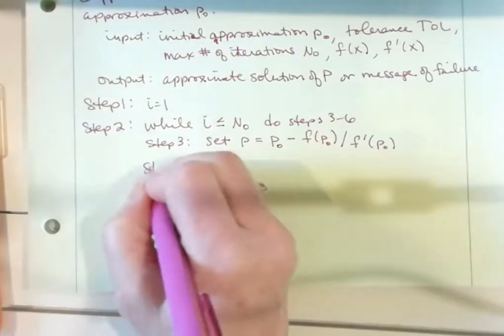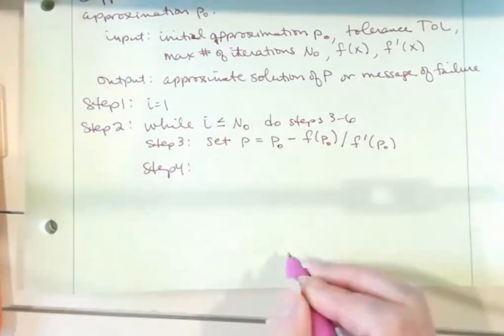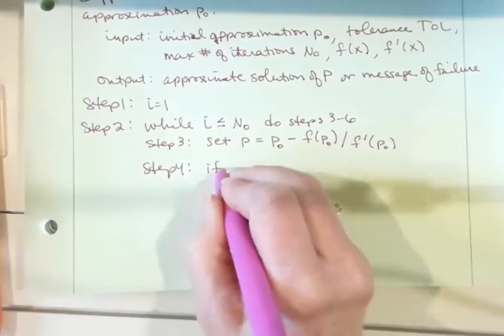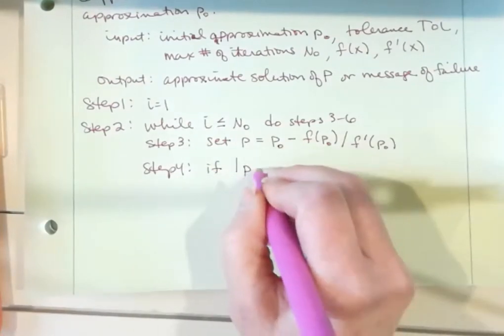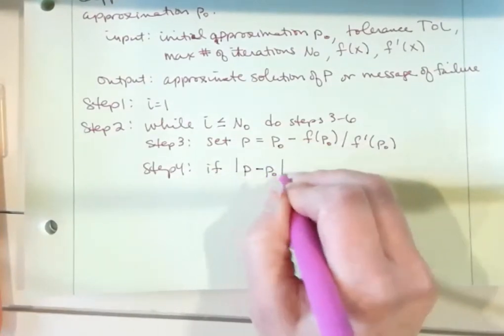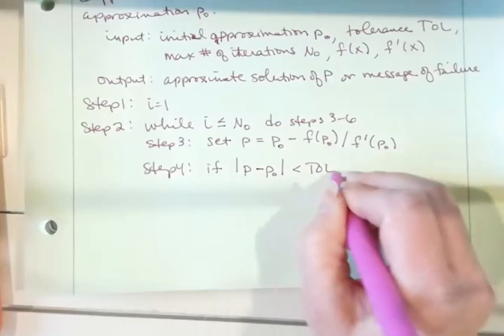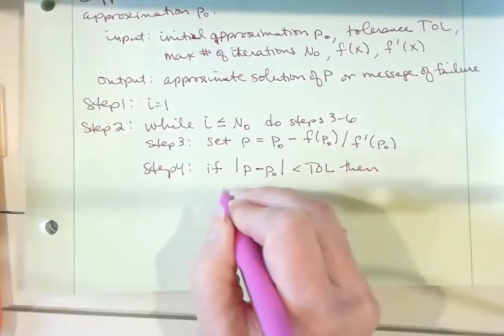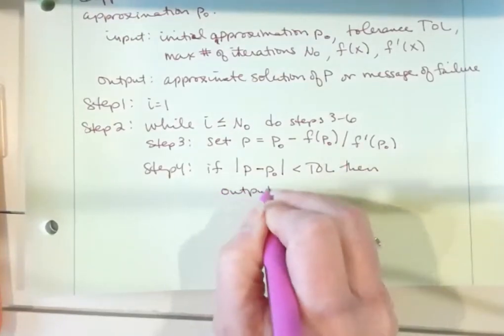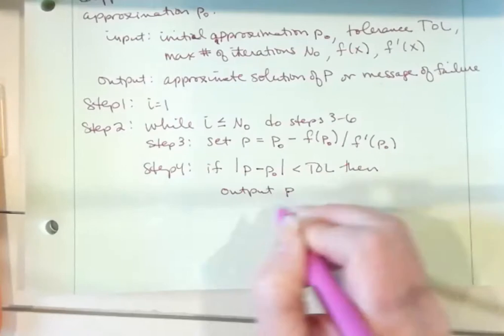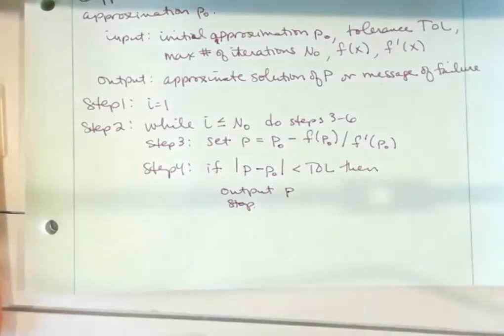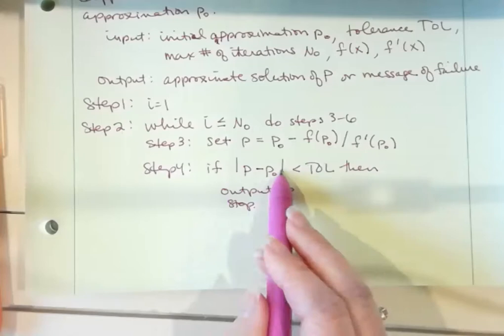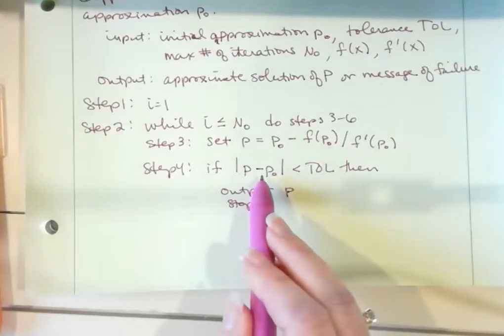Now on step 4, we're going to say if the absolute value of p minus p0 is less than tolerance, then basically you're done, so you want to output p and then stop the algorithm. You want to make sure you have this absolute value in here, that way you don't have to worry about positive or negative.